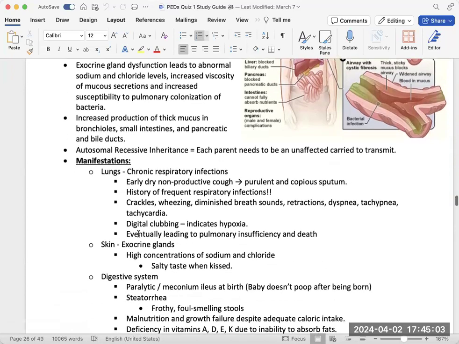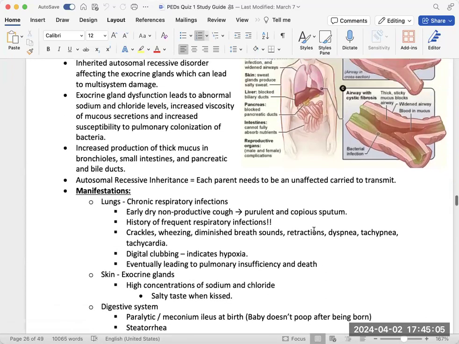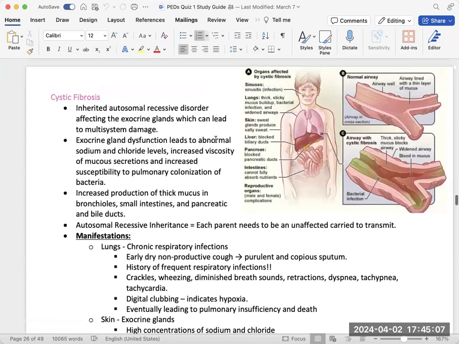So it affects a lot of the organs and it could basically cause, for example, for your skin, because of all that excess mucus production and that thick mucus lining up everywhere, they could have really salty sweat.